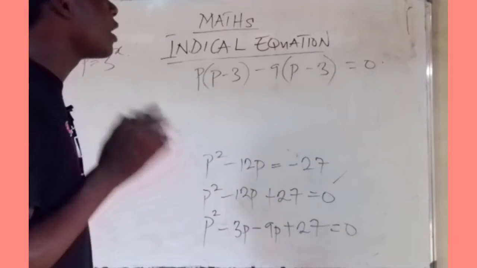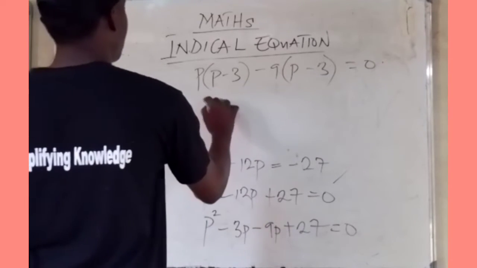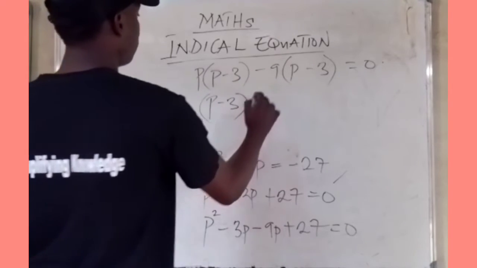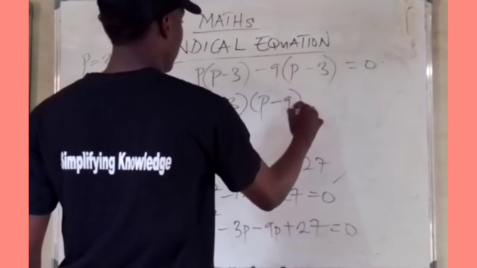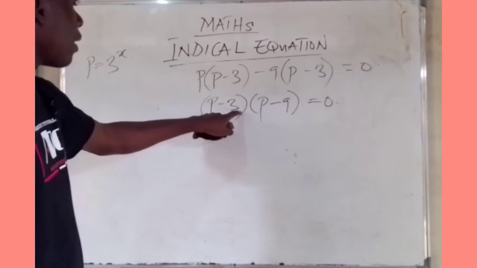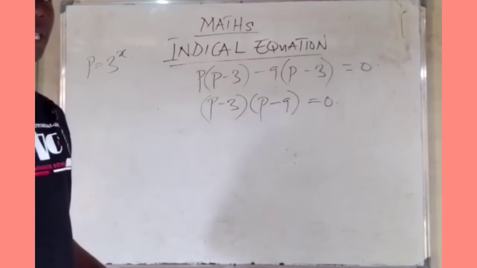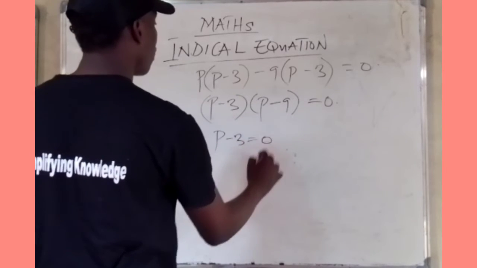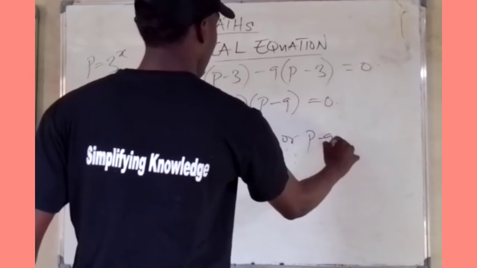So I'm going to pick just one. So I have p minus 3 and p minus 9, all equals 0. From here, I'm going to solve to get the value of p. So this is going to be p minus 3 equals 0, or p minus 9 equals 0.